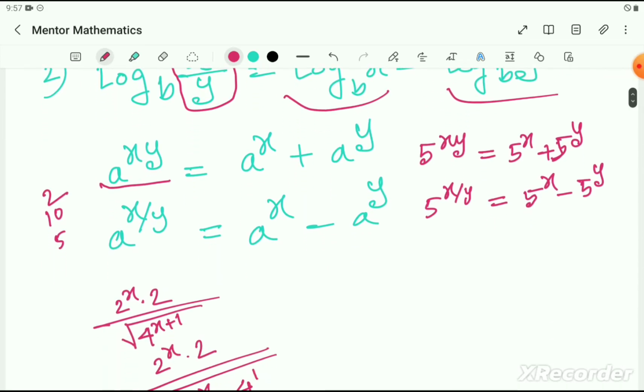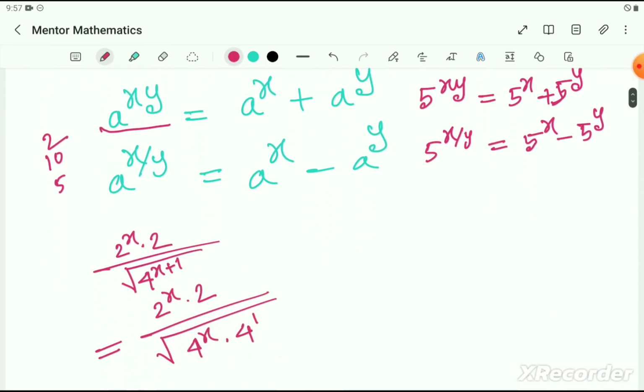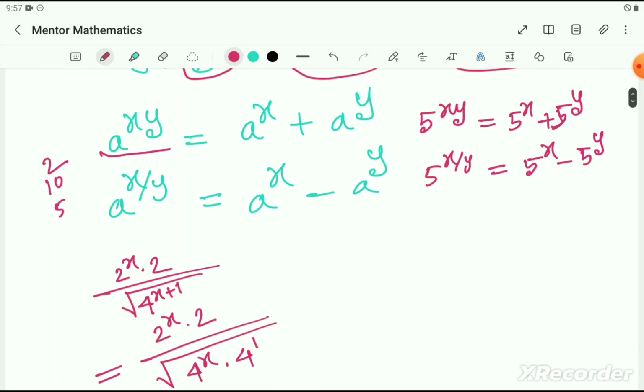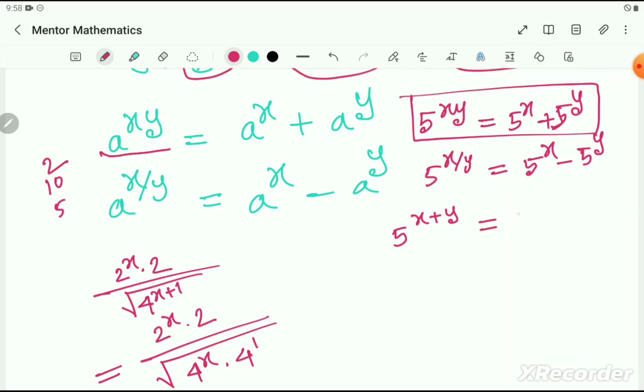It's just a reverse formula. Look at this formula, 5 power x plus y equal to 5x dot 5y. In the same way, if the power is an addition of something, 5 power x plus y, then we can write 5x dot 5y.